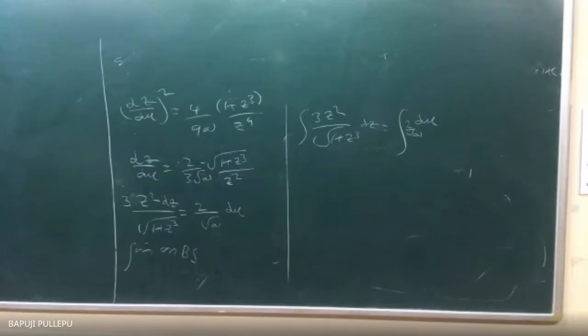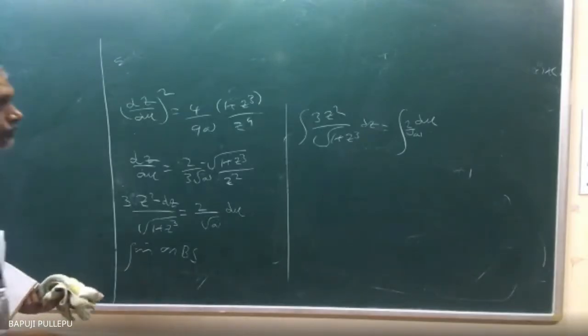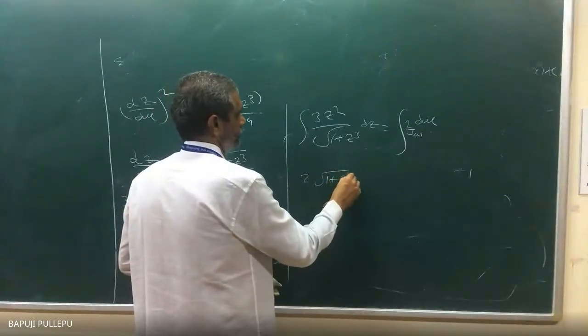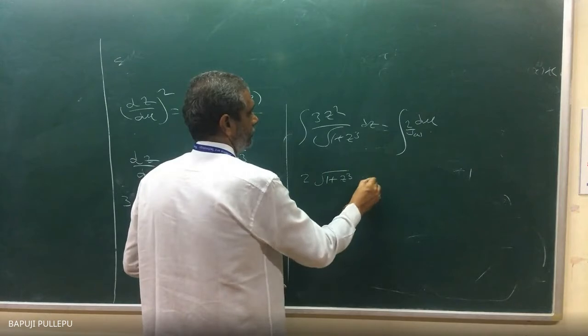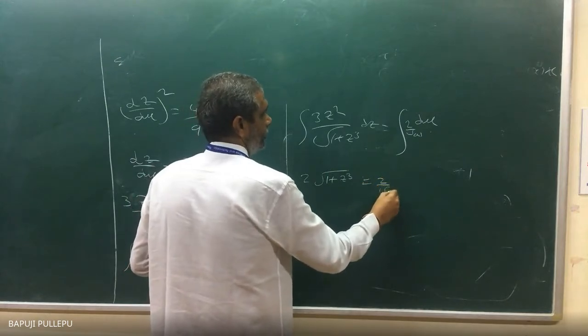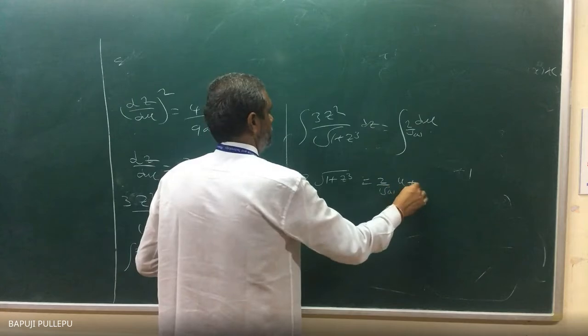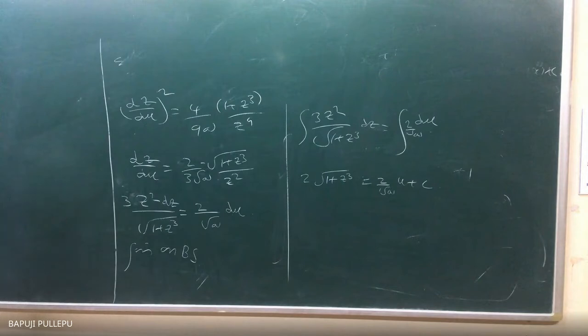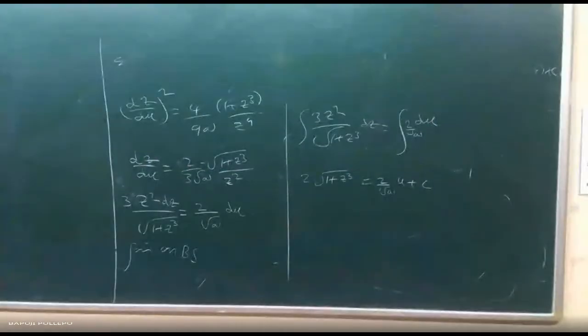So directly I will get 2 root. If you cancel 2, let C we can write as C dash. Otherwise, leave as it is. See, complete integral.